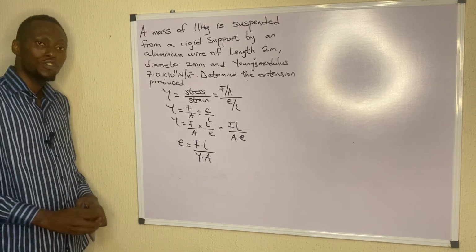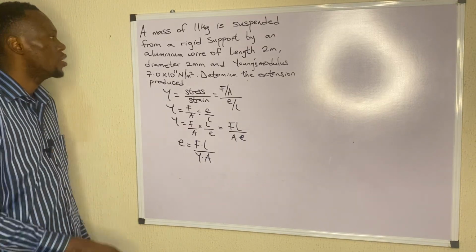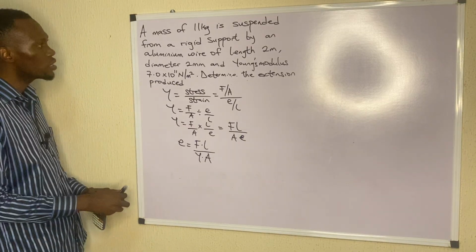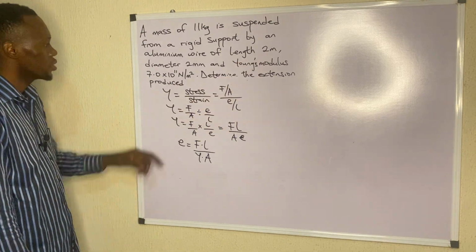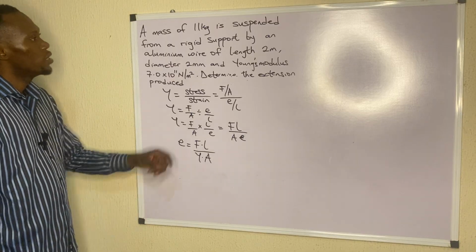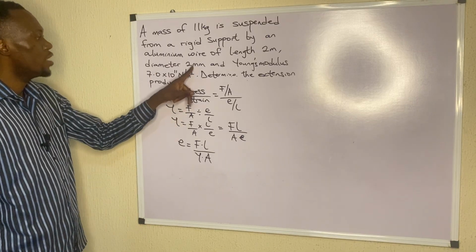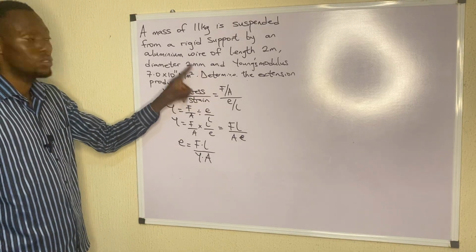Okay, now we've gotten the formula we can use to solve this question, but we need to be very critical about this question. In bringing out our data, remember the length is 2 meters. The mass is 11 kilogram. And what else? Diameter. Take note of this diameter, 2 millimeters. So we need to convert this to meters.